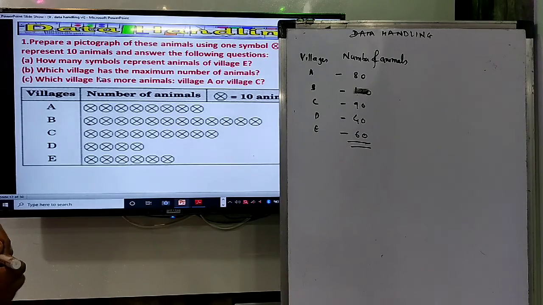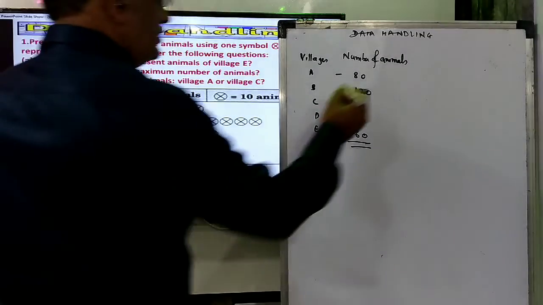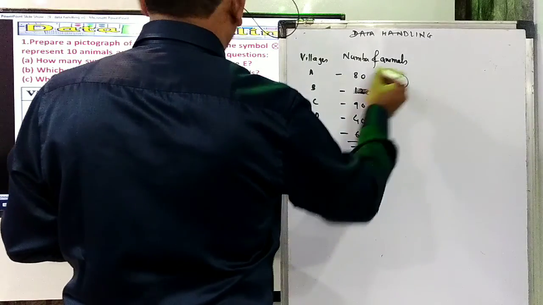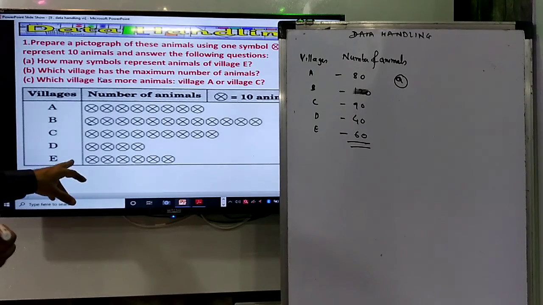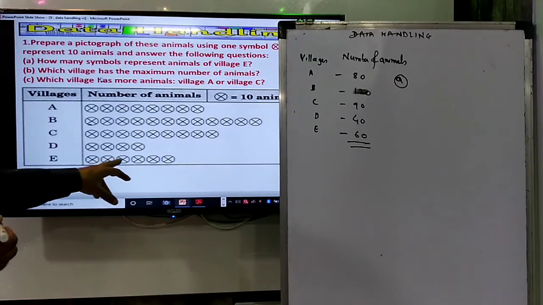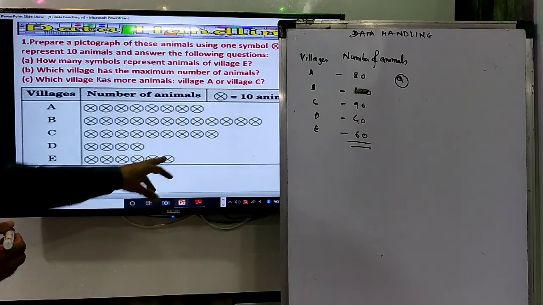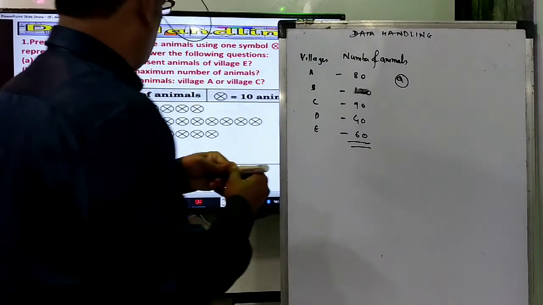Now question number A. How many symbols represent animals of village E? Village E consists of 1, 2, 3, 4, 5 and 6 symbols because it has 60 animals.